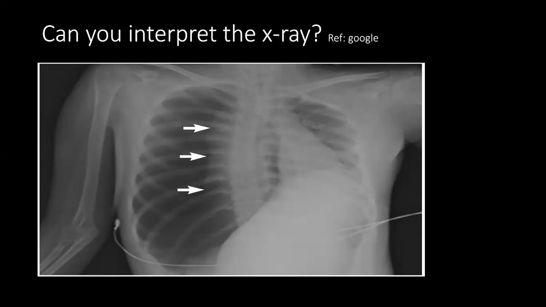So how should the patient be managed now? If it is tension pneumothorax, at first I'll do needle thoracostomy in the second intercostal space, followed by tube thoracostomy in the safety triangle.